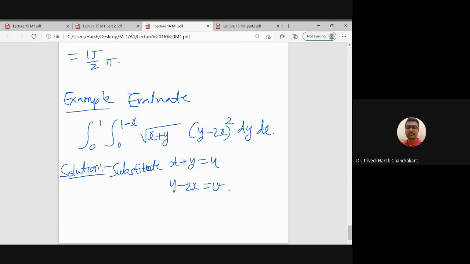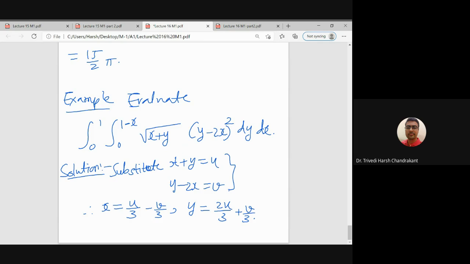So the first thing we need to check is the Jacobian. Usually we substitute x equals r cos theta, y equals r sin theta. That means x and y we need to convert in terms of u and v. If we use the elimination method for these two equations and convert x and y in terms of u and v, then what we get is x equals u by 3 minus v by 3, and y equals 2u by 3 plus v by 3.